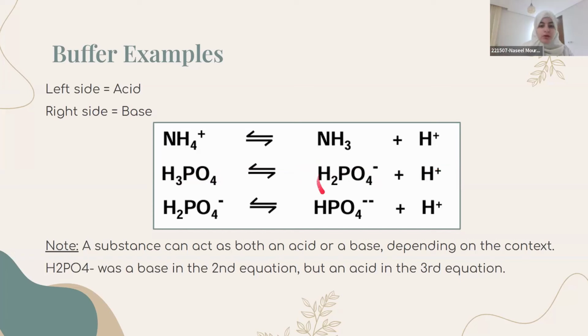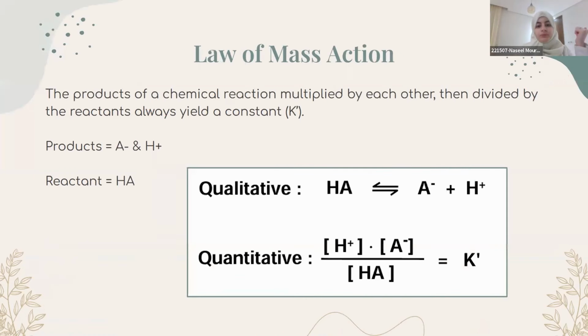Now notice how here, this H2PO4 minus is the base, right? But look at the third equation. Here it's the acid, because this substance dissociates into HPO4 2 minus and H plus. So just because something was an acid in a specific context doesn't mean it can't be a base. If you want to say that this is an acid or a base, it depends on the context. It depends on what it's doing.